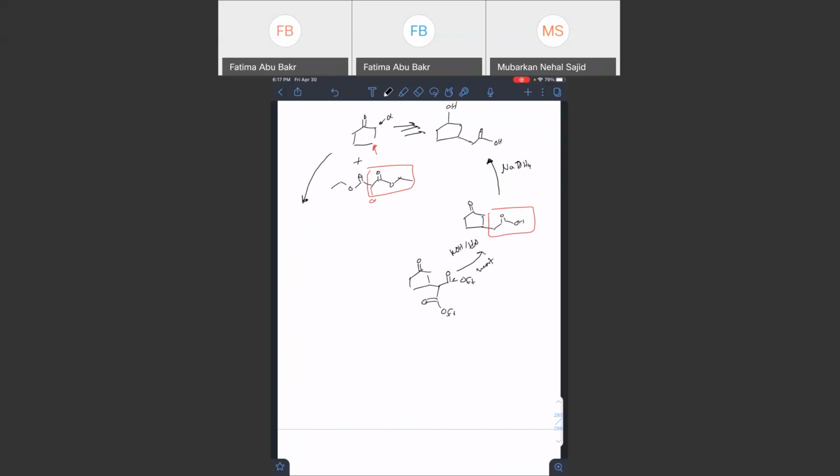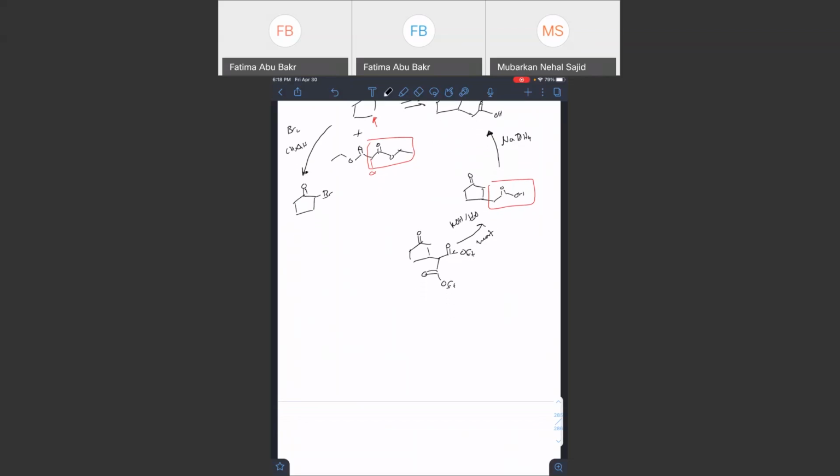So to get the alpha halogenation, this is something we already talked about, and I know it's hard, but we already talked about it. CH3CO2H, that will basically put a halogen in the alpha position. And then we can just eliminate that with, I don't know, whatever you want. Let's go like this, and that will eliminate it.